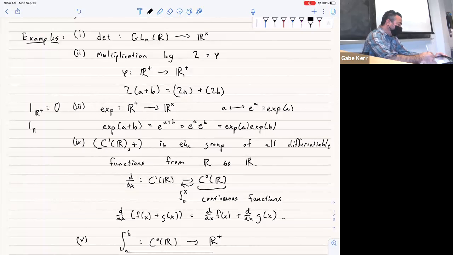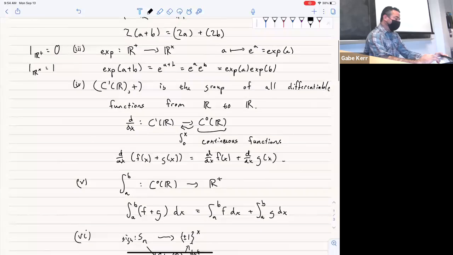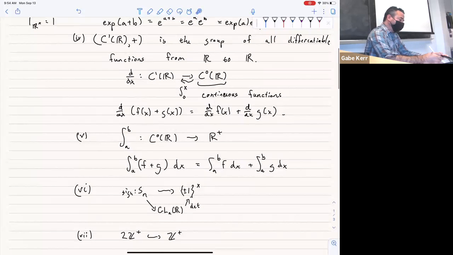The identity of R times is 1 as a number. If I take e to the 0, what do I get? 1. So it sends the identity of R plus to the identity of R times. Similarly, if I took the identity of these guys, this would be the constant function 0.